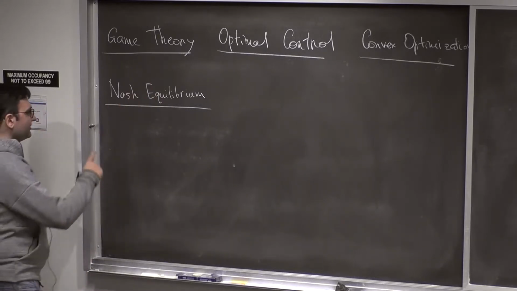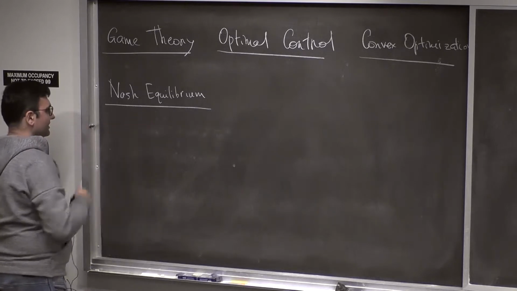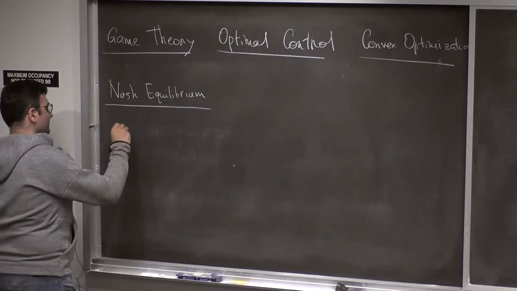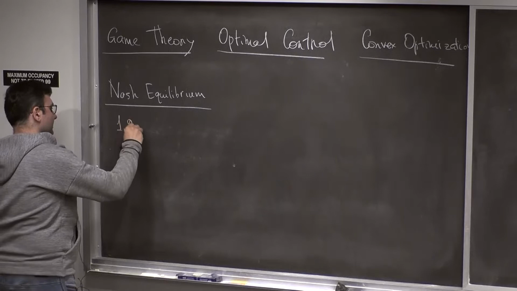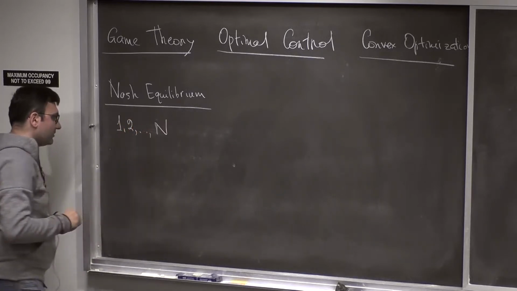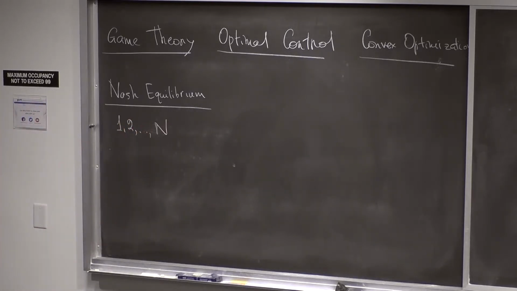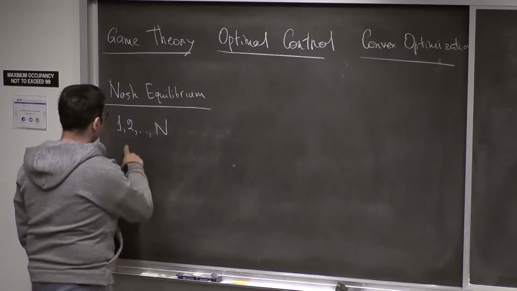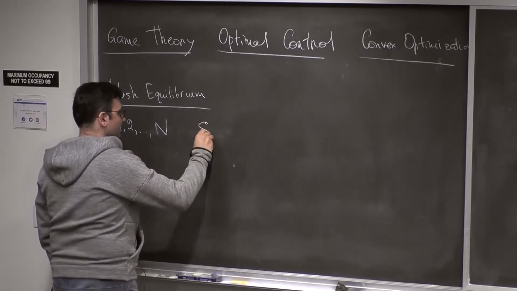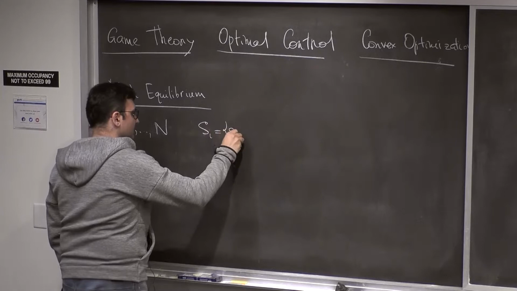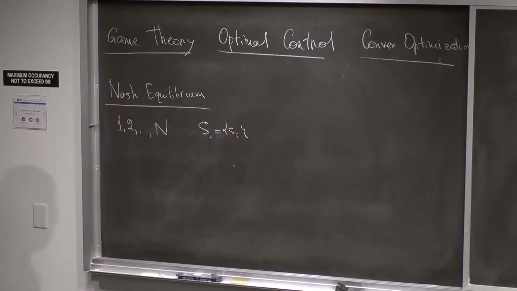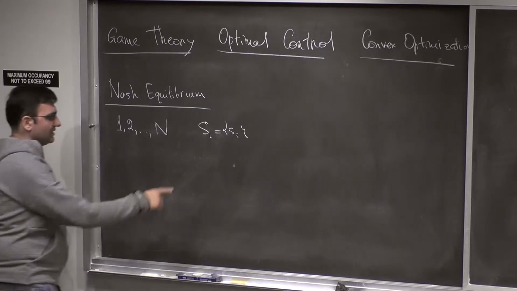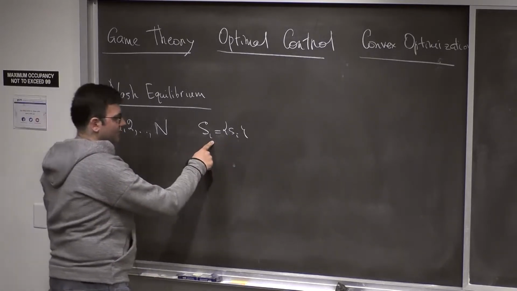Let me define what it is, and let me give you the setup. Imagine we have n players numbered 1, 2, etc., n. Each of the players has some strategy set, capital S_i, comprised of little s_i's, which are the strategies of player i.